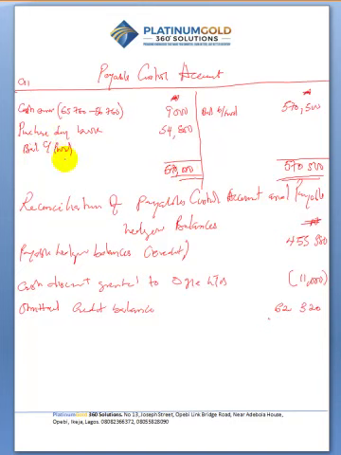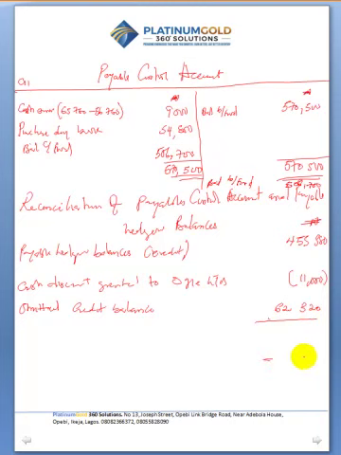Balance carried forward. 570,500 minus 9,000 minus 54,800. We have it as 506,700. Balance is 506,700. These are balance brought forward.